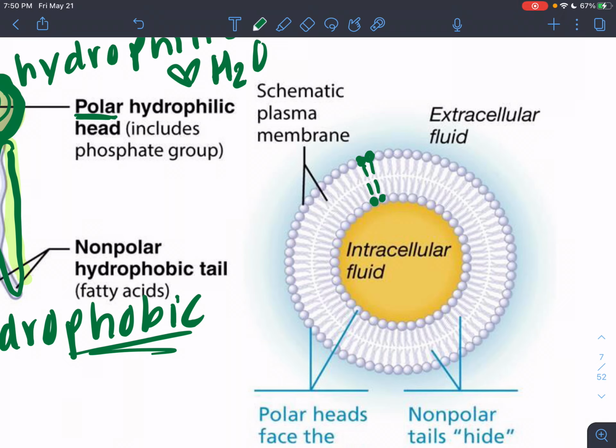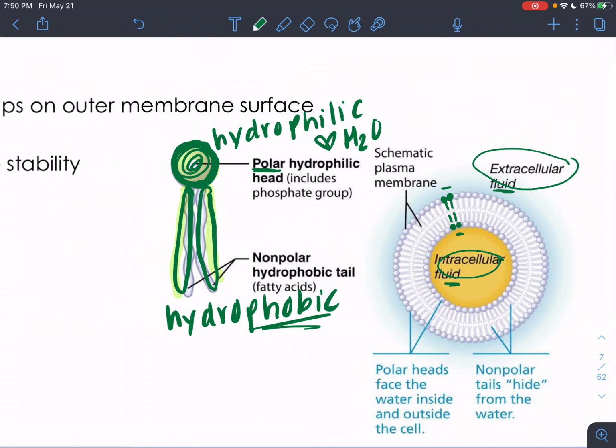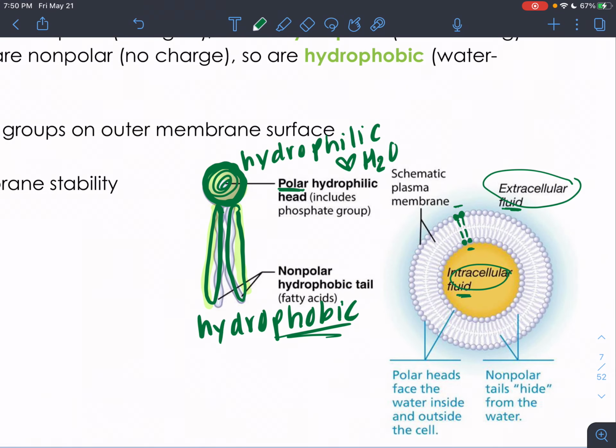Okay, so you have the polar heads exposed to the extracellular space and the polar heads exposed to the intracellular space, right? Because these spaces are all fluid, right? So they're mostly water with some other things dissolved in them. So the polar heads are attracted to the water on the outside and inside of the cell. Okay, so it allows the membrane to form this barrier between the liquid outside the cell and the liquid inside of the cell.